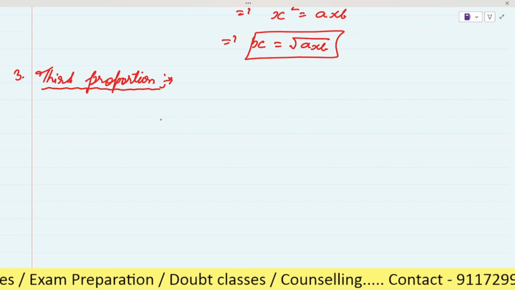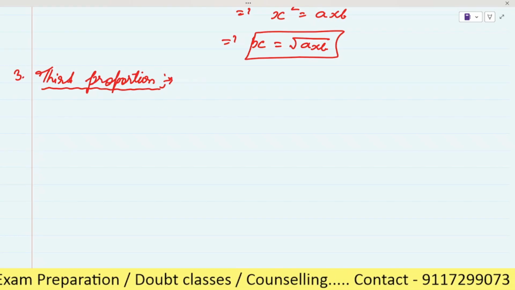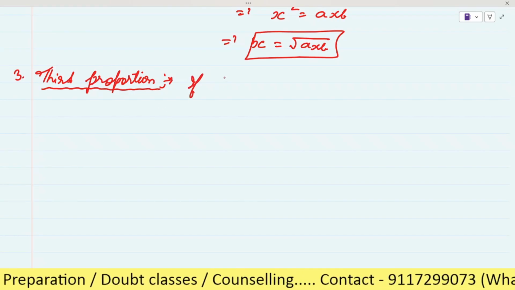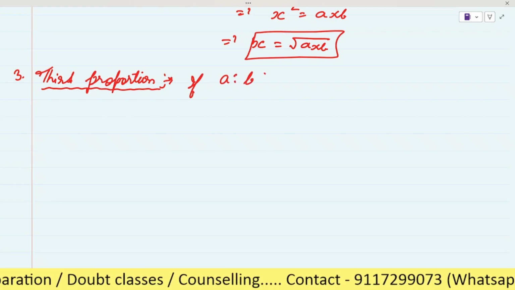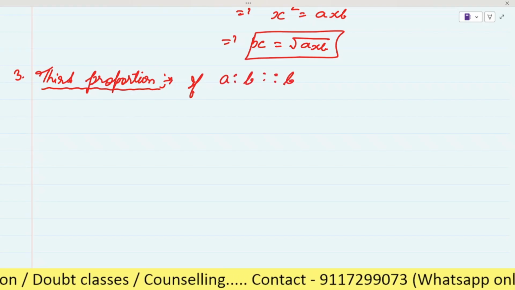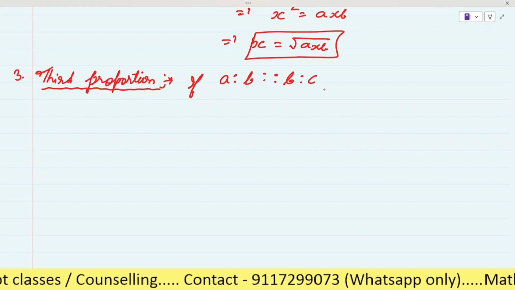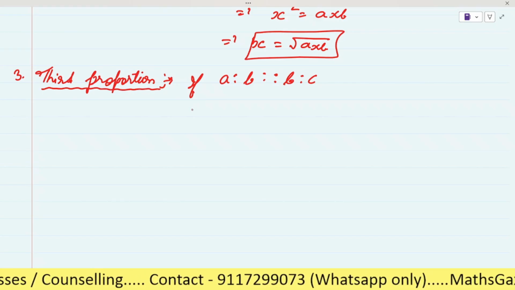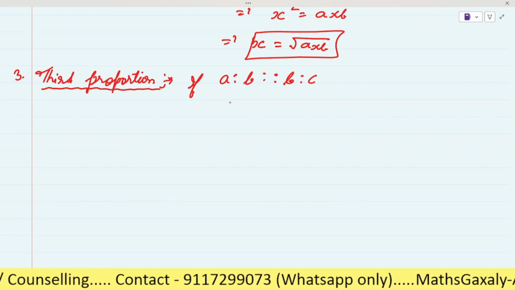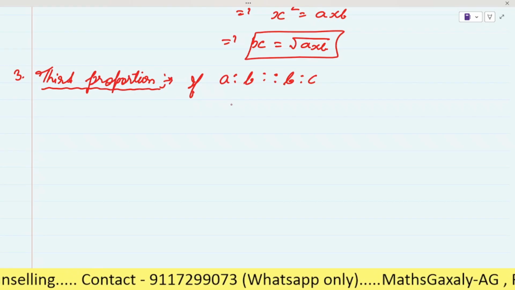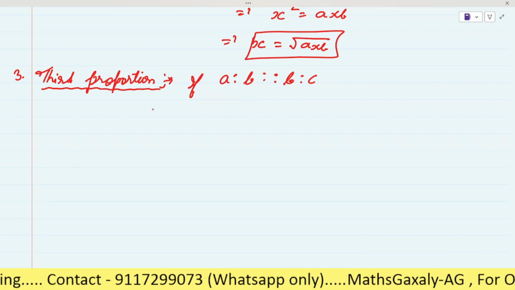If A is to B is proportional to B is to C, then this C will be called the third proportional to A and B.